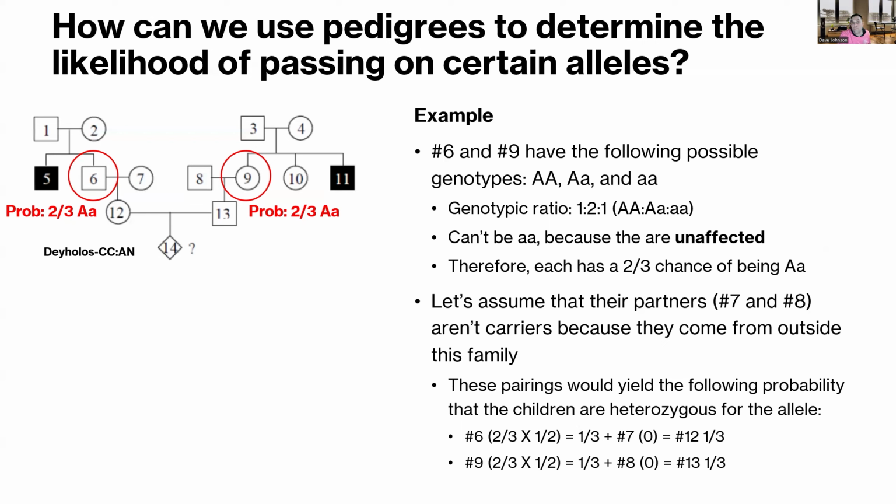Because there's still that 1/3 chance that they're homozygous for the wild type allele, that they don't even carry the trait. But we also have to take that 2/3 chance and cut it in half. Why do we have to do that? Well, simply put, there's only a 50-50 chance that if they carry the disease allele, it makes it into 12 or it makes it into 13, right?